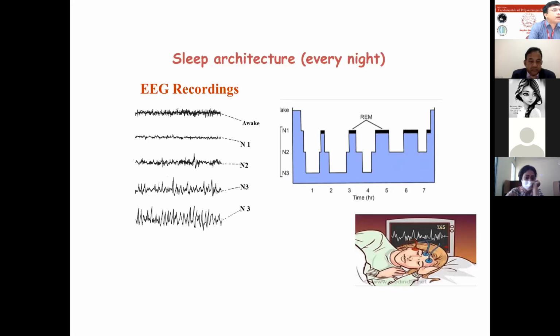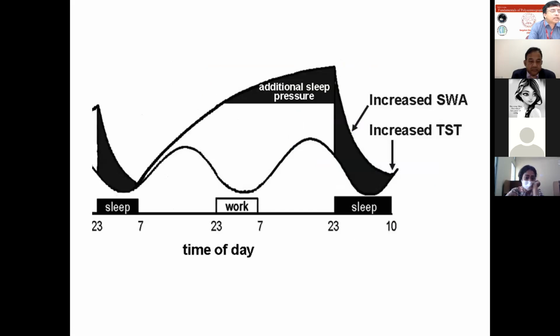Now this whole sleep is controlled by 2 important processes. One is the homeostatic process, the other is the circadian process.